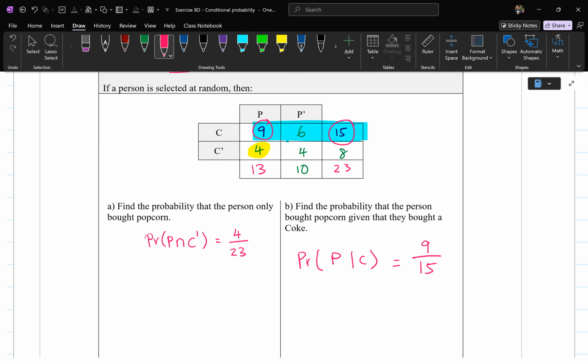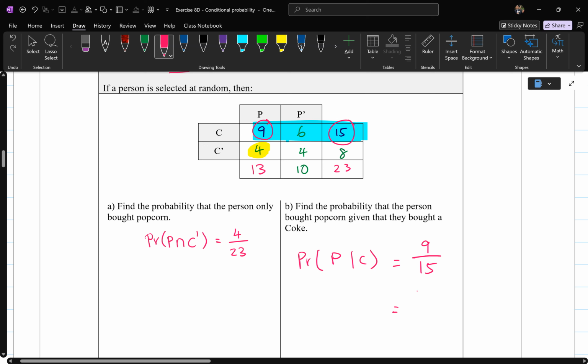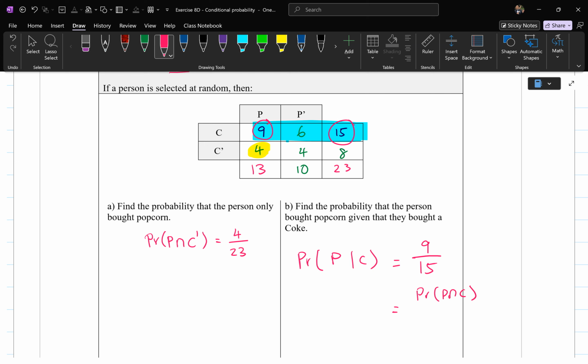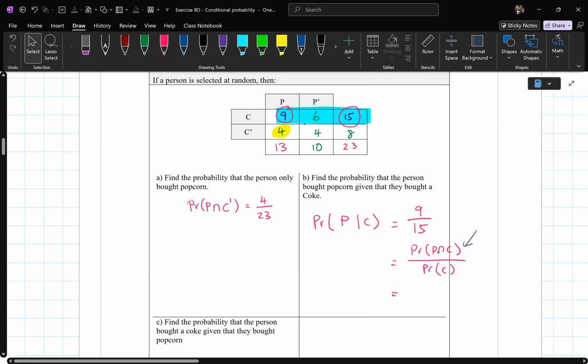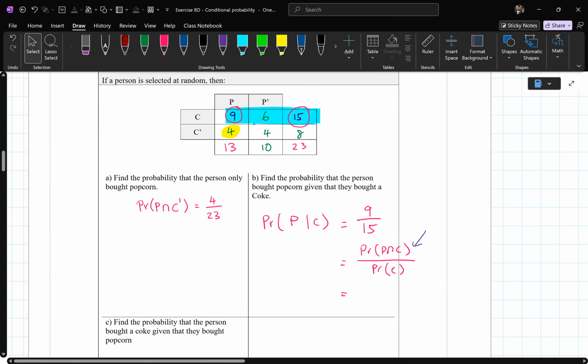How does the formula work? Let's say you couldn't do that intuitively and you couldn't see it through the Karnaugh maps. Well, the rule would then have been this. It would have been the chance of popcorn and Coke divided by the probability of getting Coke. Now, if you want to work it out individually, what's the chance of getting popcorn and Coke?